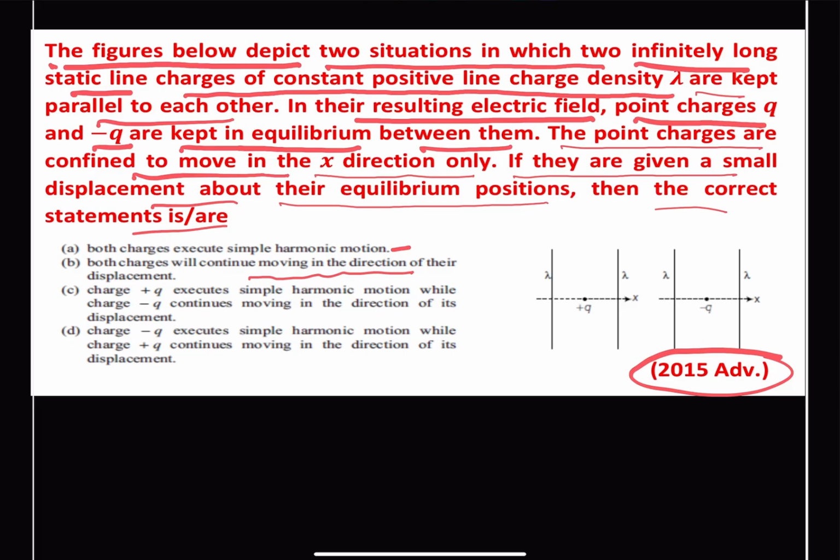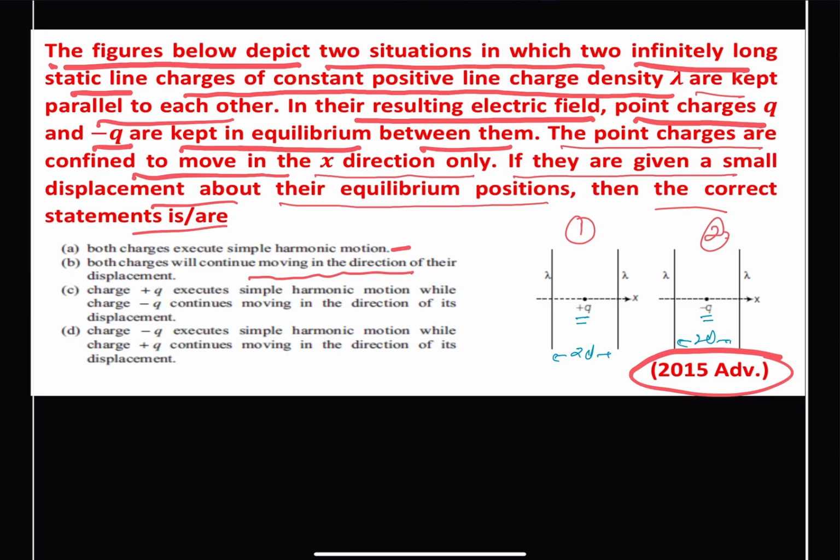So we are given 2. So let us call this 1 and this 2. And the only difference between them is that in the first case the charge is plus q, second case the charge is minus q. And we are given that this is in equilibrium, and let us suppose the distance between the plates is 2d in both the cases.